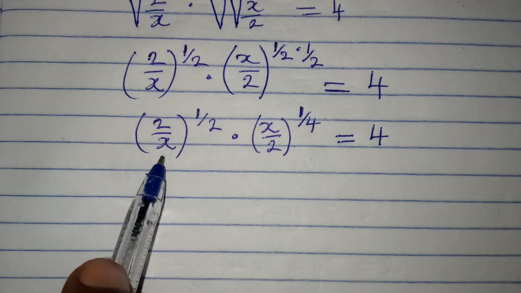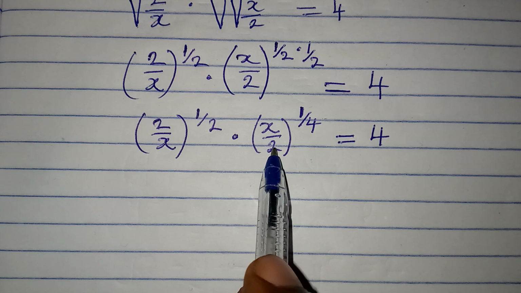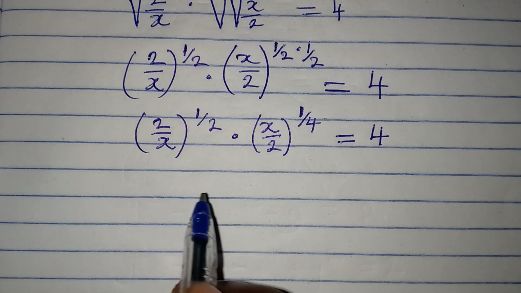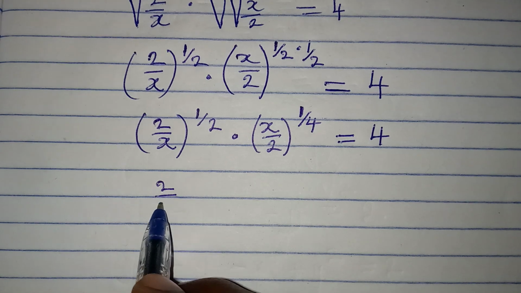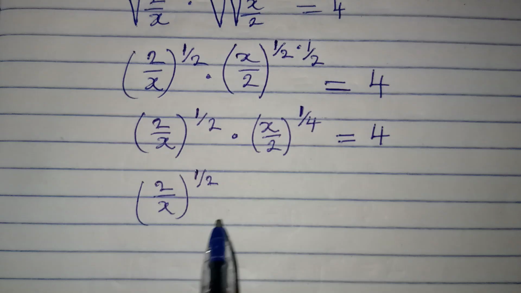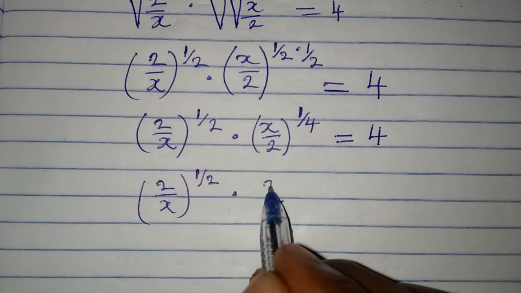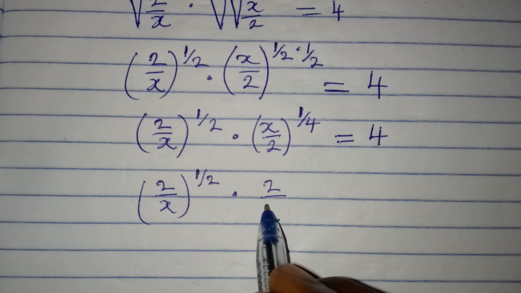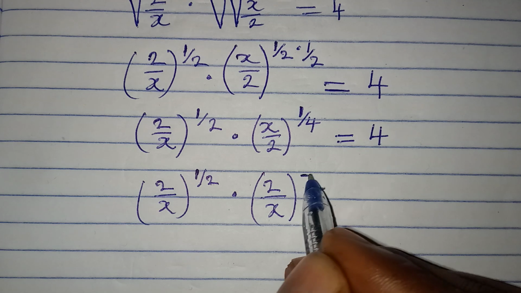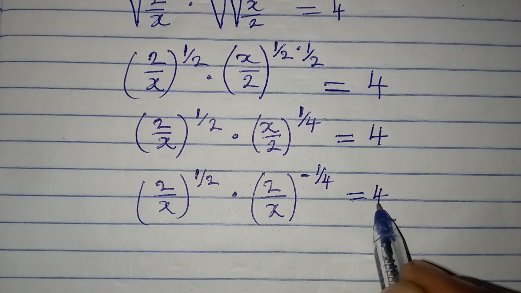Now let's take a step further. Here I have 2 over x, and here I'm having x over 2. There will be need for me to make the base equal. So I have 2 over x to the power of 1 over 2 multiplied by, I'm going to turn this around, 2 over x, but the power will become negative 1 over 4, and this is equal to 4.